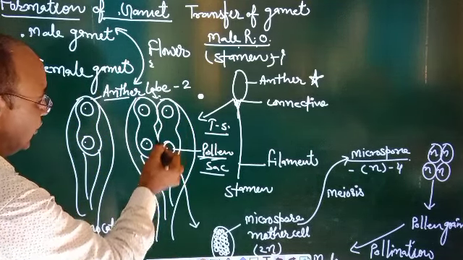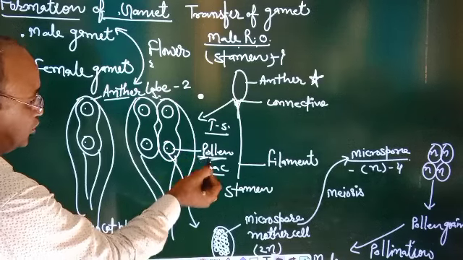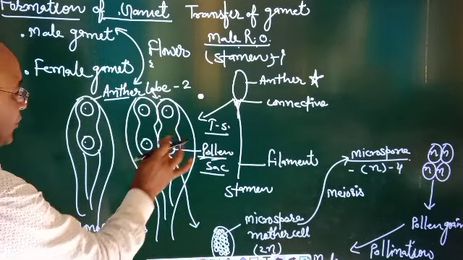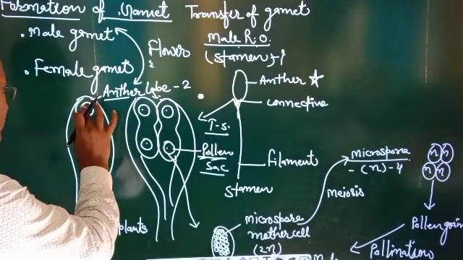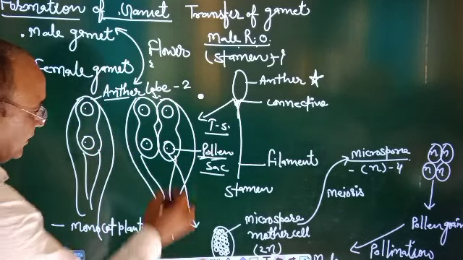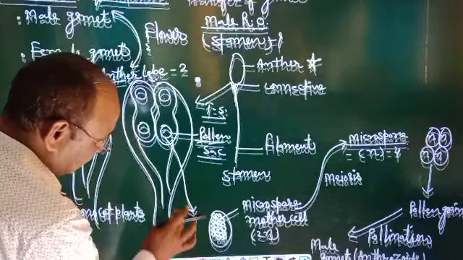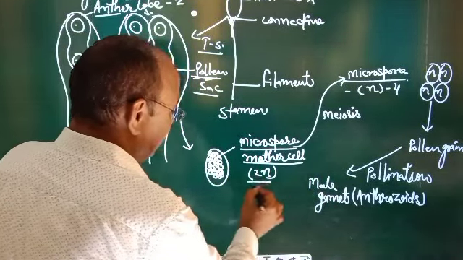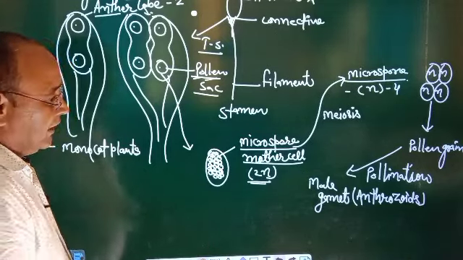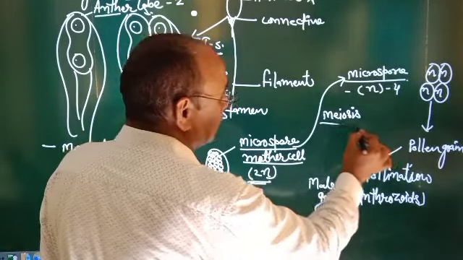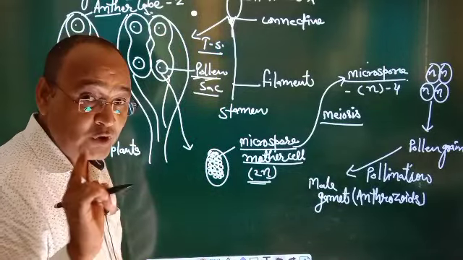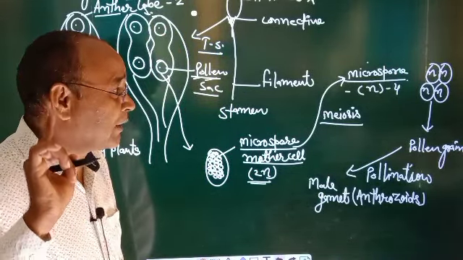Each anther lobe bears 2 pollen sacs. So in dithecous, 4 pollen sacs are present, or in monothecous only 2 pollen sacs are present.